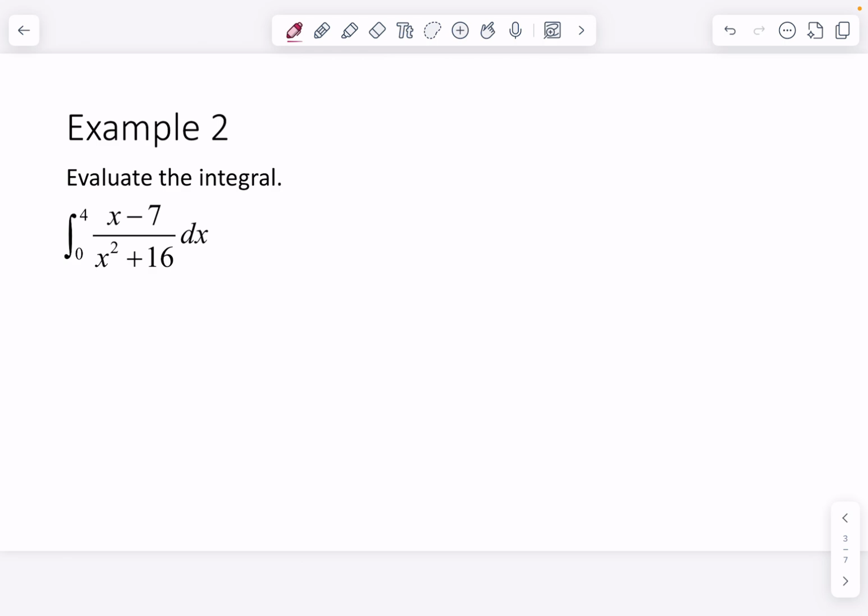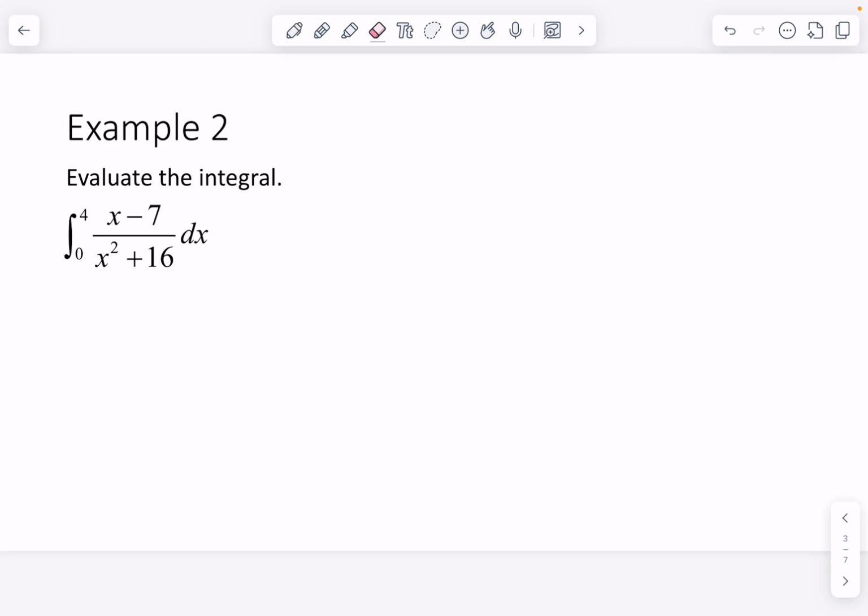So I'm going to look at this one, and u substitution doesn't work here. Because if I make my u x squared plus 16, then my du is 2x. Well, I have x minus 7 on the top. So we have to manipulate this.